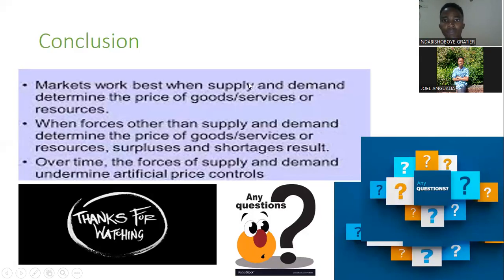Black market is a scenario whereby government sets prices such as the price floor and price ceiling, where a commodity should be sold. Take for example, government sets the price of sugar to be at 1,500. But there comes a situation whereby the supply of sugar becomes low and the demand for sugar increases.